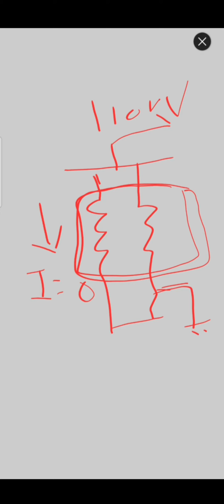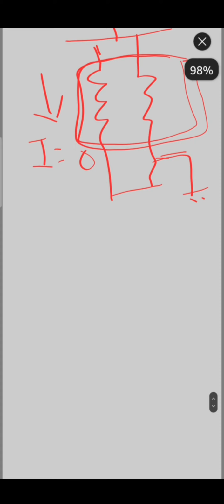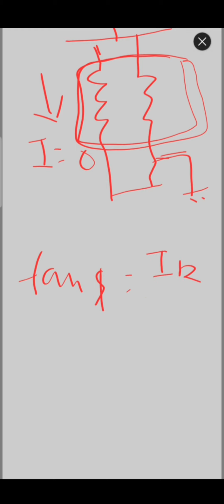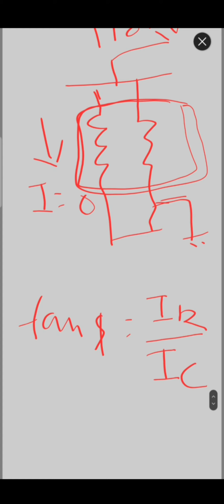Tan delta is nothing but the ratio of the resistive component to the capacitive component. As I have said, there is a leakage current flowing from the primary winding to the secondary winding.